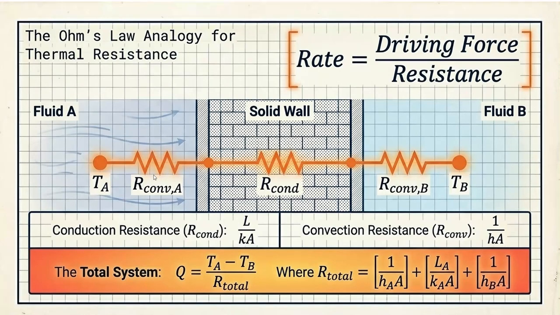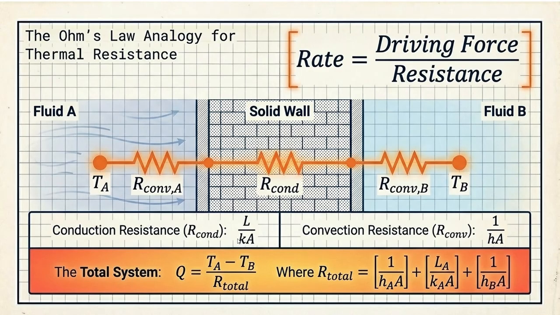So let's suppose a solid wall that is squeezed in between fluid A and fluid B. Fluid A has some thermal properties, fluid B has some thermal properties. Heat transfer from solid wall to B and solid wall to A would occur via convection. And a solid wall will have a conductive resistance.